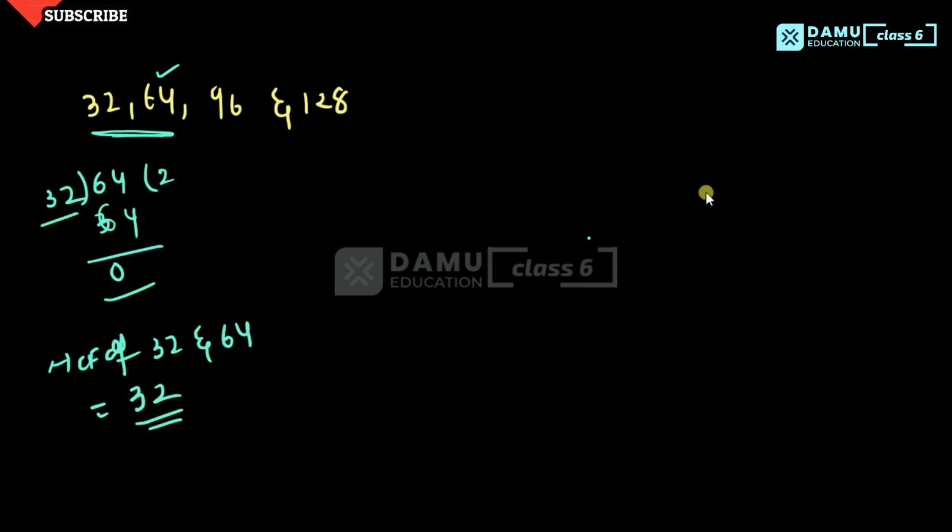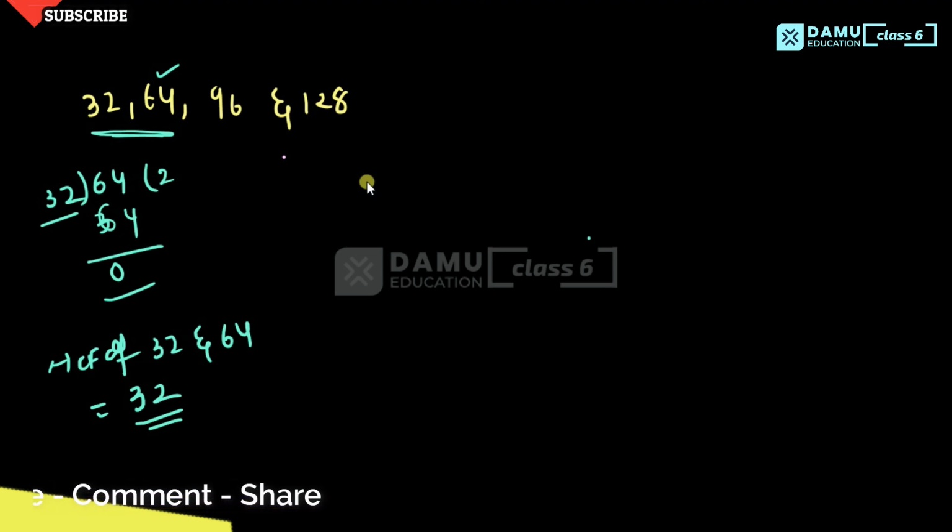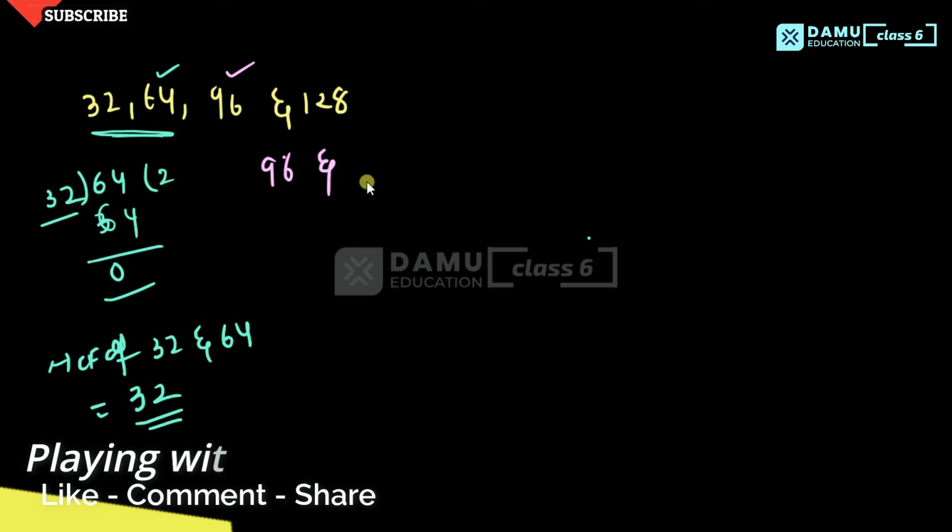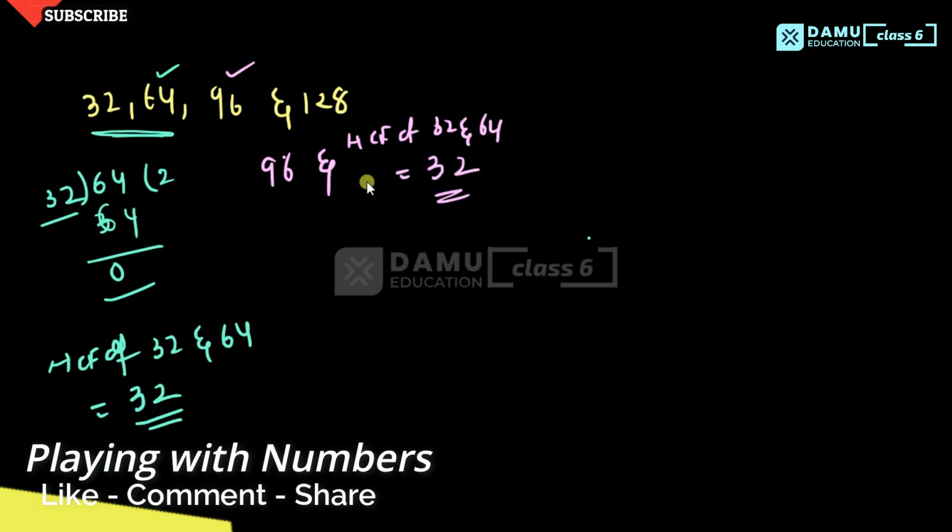Then next we have to take another one, for next one is 96. So 96 and we have to take HCF of 32 and 64, which is 32. So let's take 96 and 32.